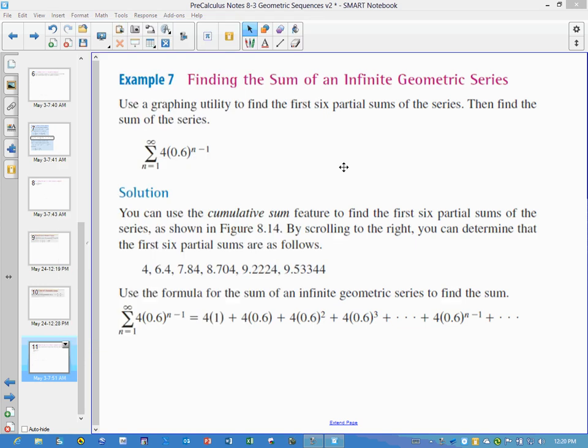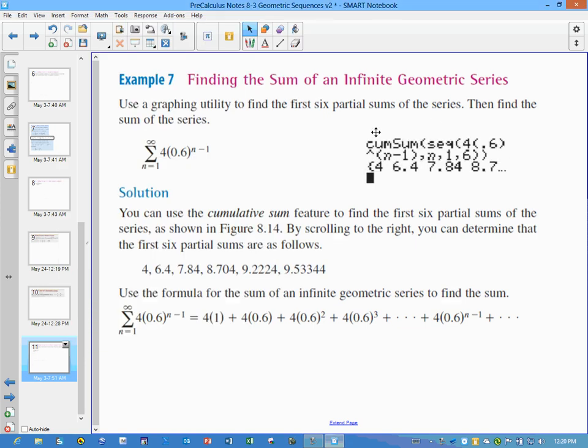Alright, so again, the syntax will look just like this. It's the cumulative sum of the sequence of the nth term, the formula for the nth term, as n goes from 1 to 6. And that'll give you the numbers.